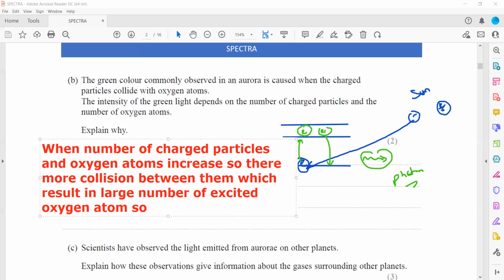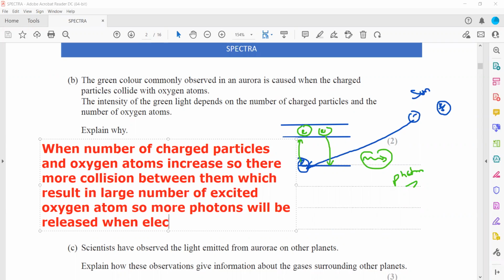So when electrons return back, more photons will be released when electrons jump back to the original level.